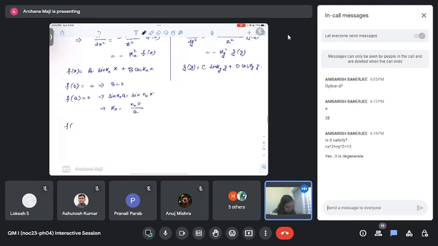So f of x is equal to a sine n pi x over a.